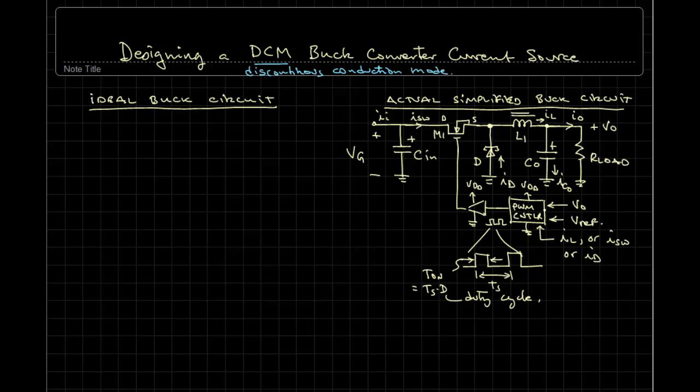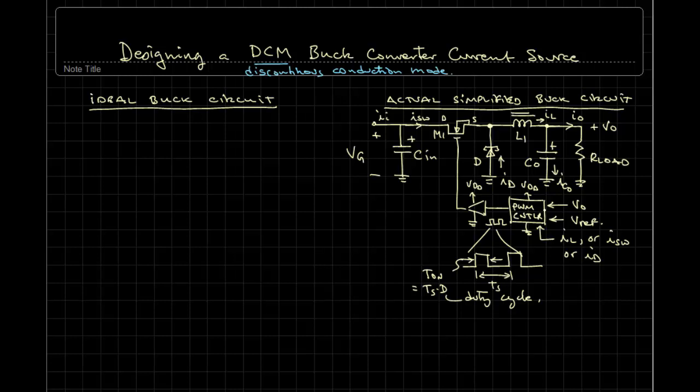And to help achieve that in a more controlled, better behaved fashion, a lot of times information about the actual current in the inductor is fed back, and there's an inner feedback loop that controls the current first, and then that feedback loop is fed a reference current. That reference current is generated from an outer feedback loop that involves Vout and Vref.